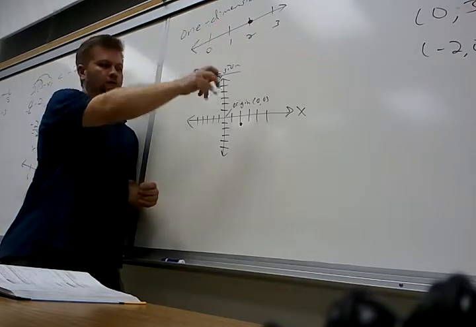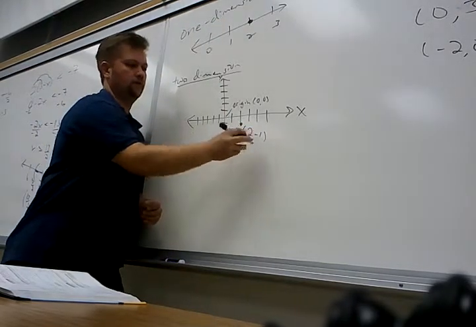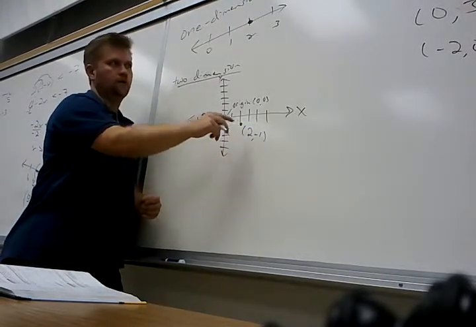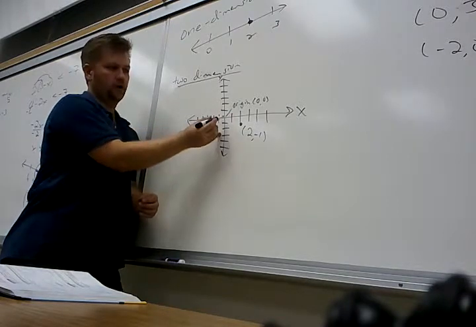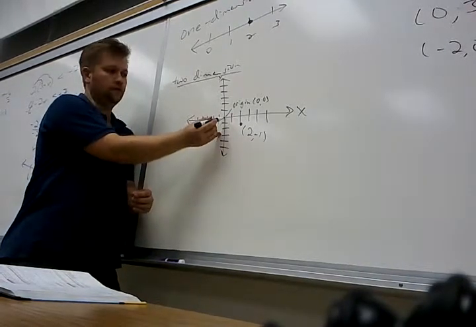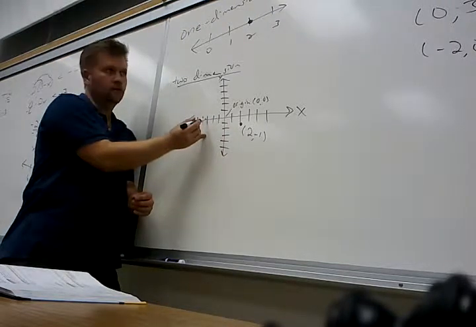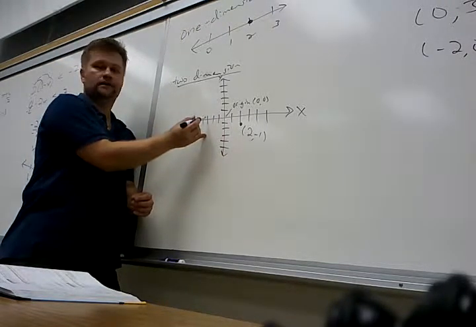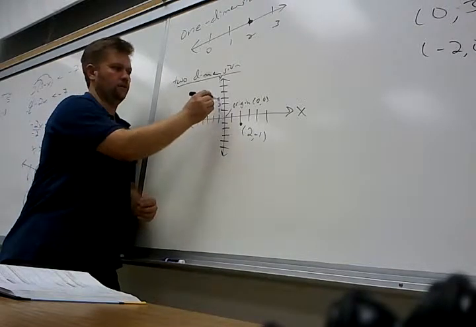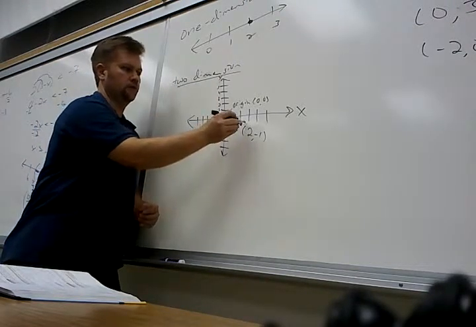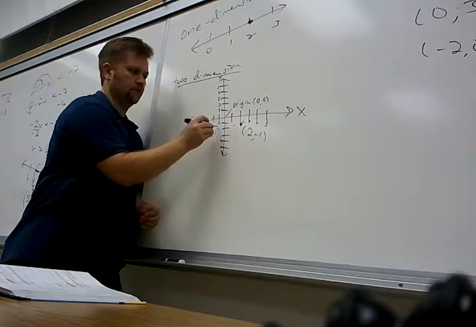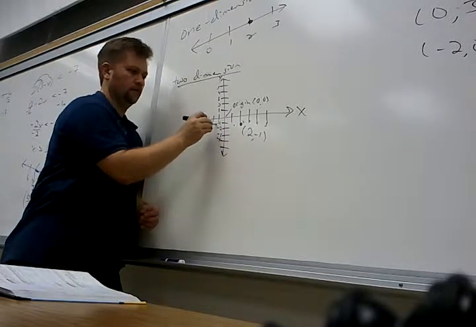What about (-3, 4)? So this is the point (2, -1). Now (-3, 4). So I start here and I go 3 to your left. X is first. So back 3, up 4, right? Positive 4. So this is positive, and these directions here are negative.